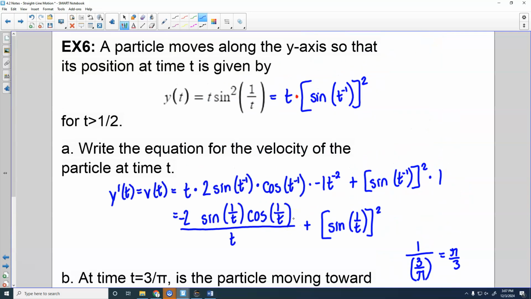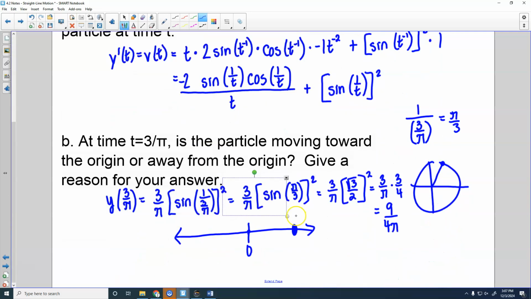It is the y-axis. Let me draw it like it's supposed to be. It's the y-axis and not the x-axis. So y-axis, here's 0. I'm above. Right here is 9 over 4 pi. That's my position. That's where I'm starting at. So now I need to know velocity.